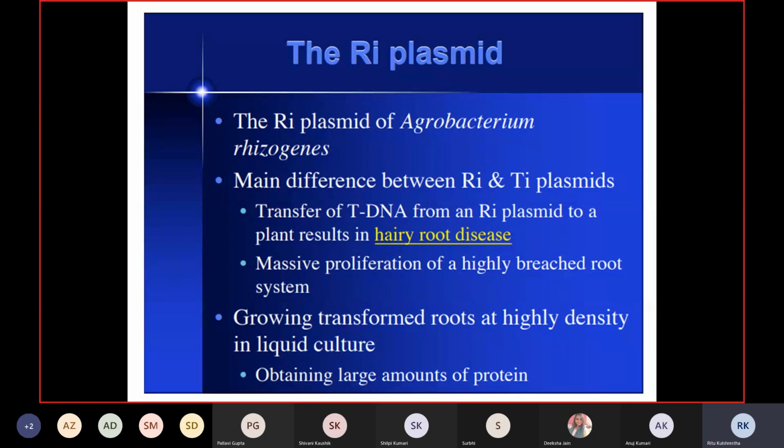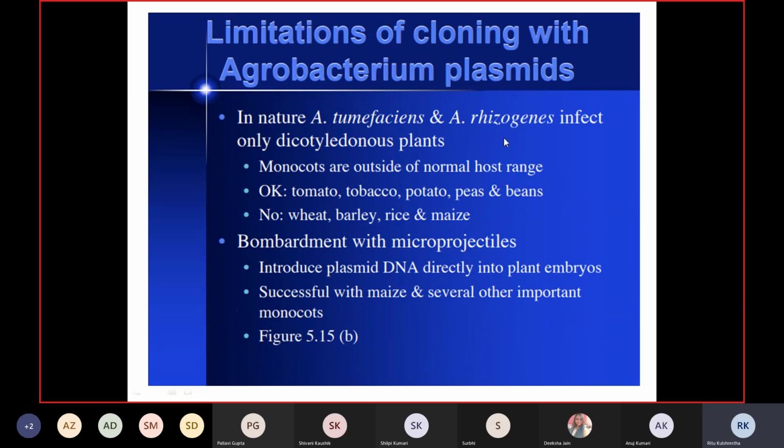If you remember, in the Ti plasmid, I had introduced you to the host specificity region. Because of that region, this particular plasmid or Agrobacterium strain infects the dicot plants very, very efficiently, but for monocots it was not a good vector to be used.